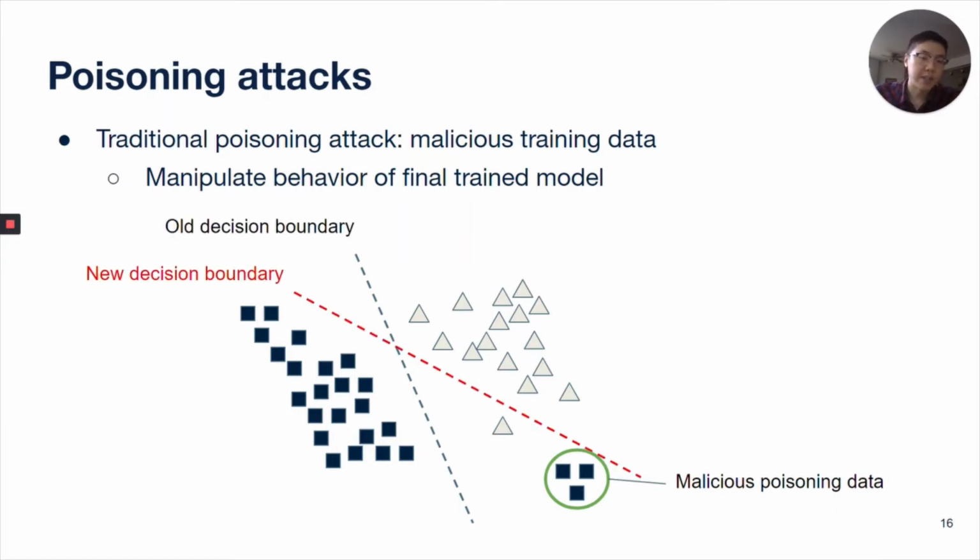When a new classifier is trained, you'll see that the decision boundary is significantly altered. And the key objective here is that now the adversary has caused a new model to be trained that misclassifies a target training example or test example. And this is the goal of the poisoning attack, to supply poisoned training data to manipulate the final trained model.